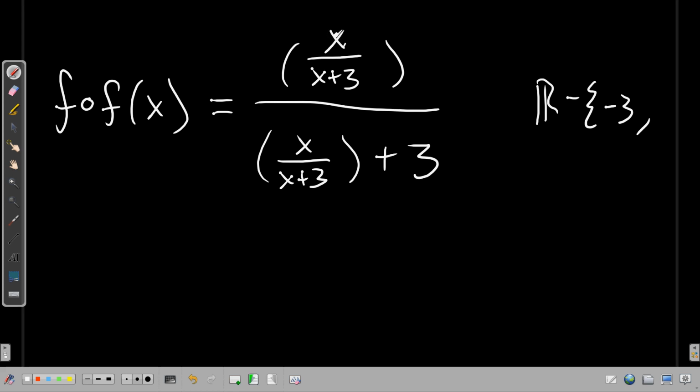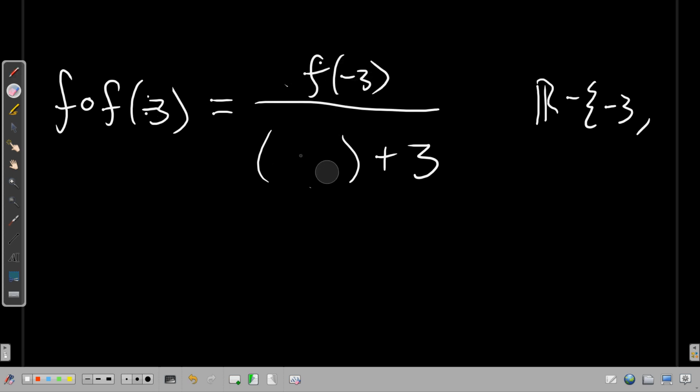And think of it like this. If I wanted to evaluate this thing at -3, then I would have right here f of -3, and right here f of -3. And each of those are undefined. So naturally the composition does not know what to do with -3.